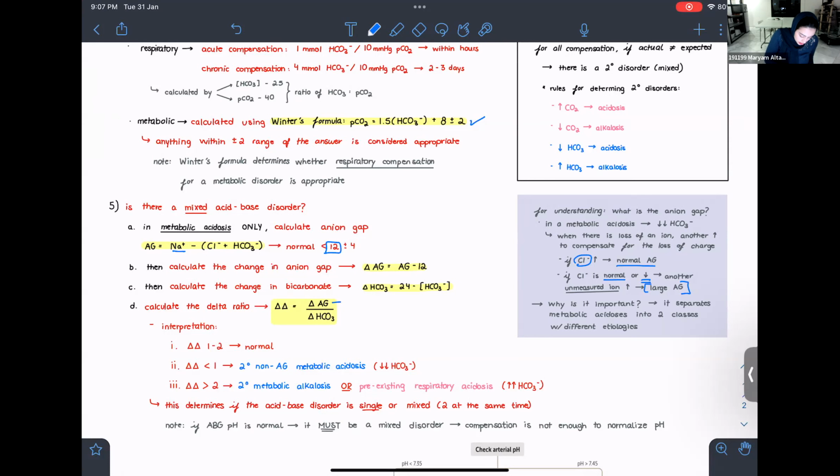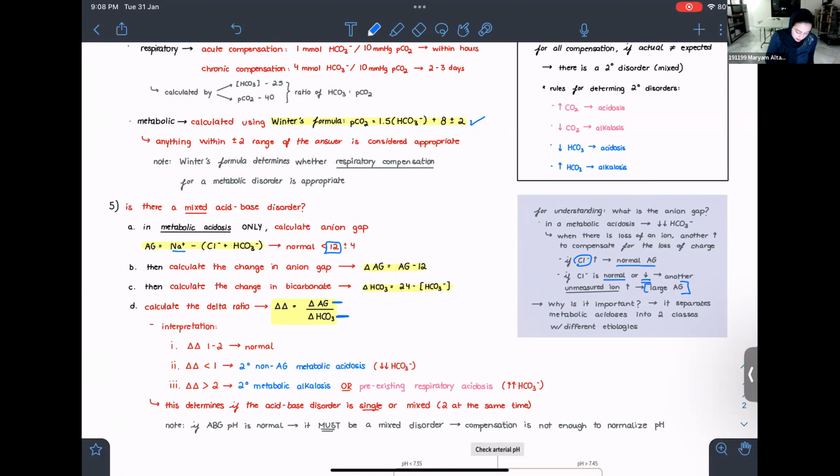So is the change in the anion gap to the change in bicarb, is the ratio normal? If it's 1 to 2, then yes, it is. If it's less than 1, then there's a secondary non-anion gap metabolic acidosis.